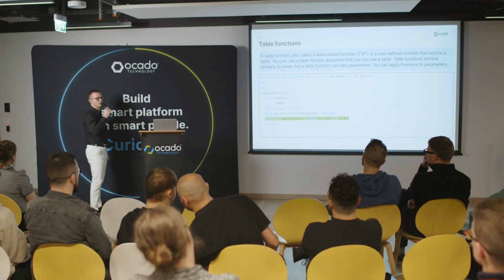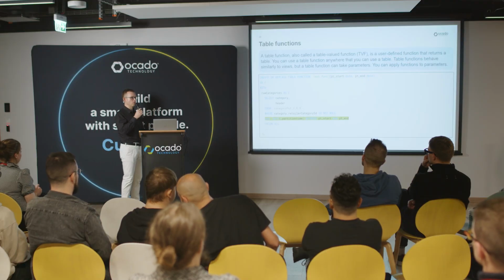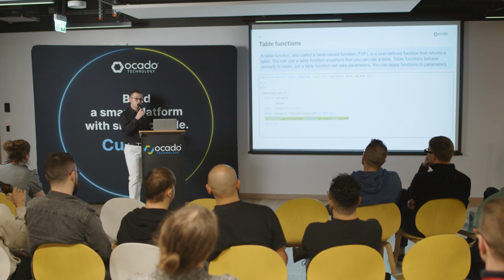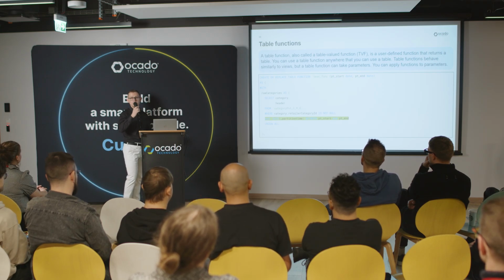So in the place where you select the data from your raw table, you don't care what the optimizer will do with that. You enforce that the optimizer is going to scan only the partitions between PT start and PT end.